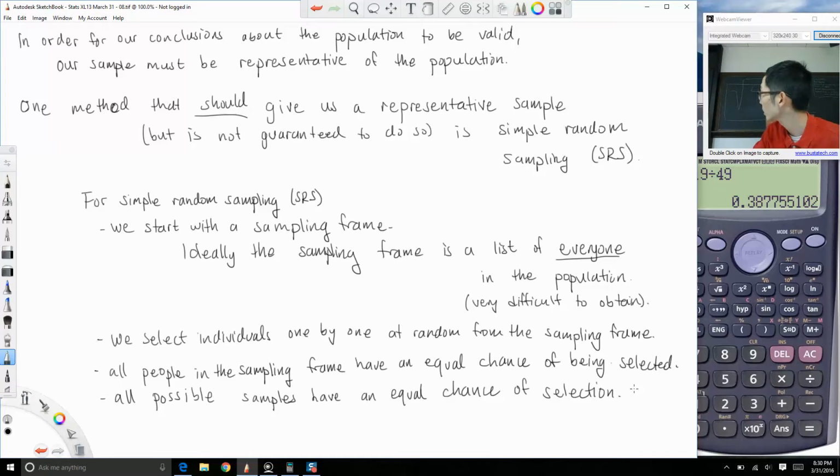Okay, there are other sampling methods that the book talks about, and I'll leave it to you in your reading. From the reading, there is stratified sampling and cluster sampling.